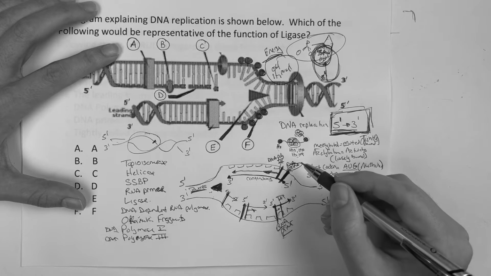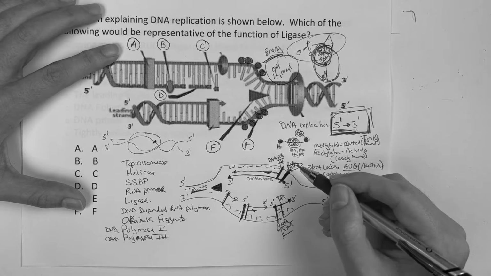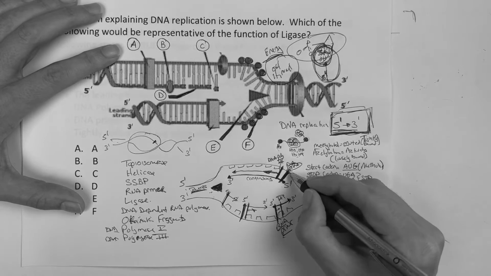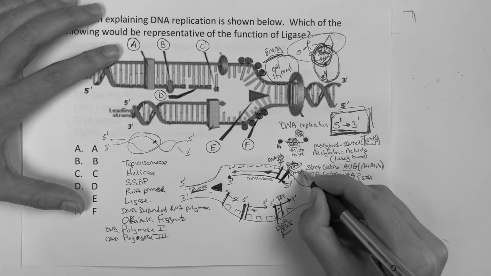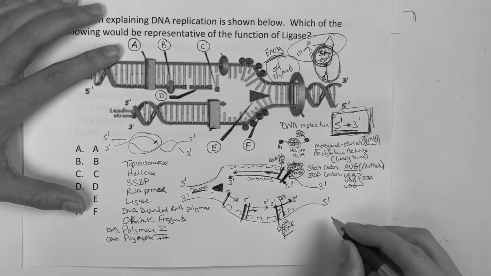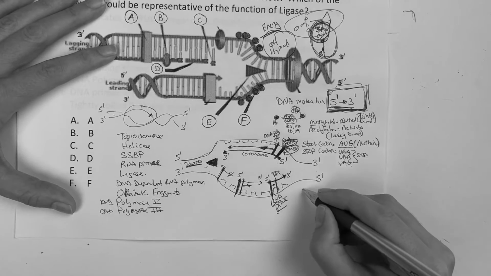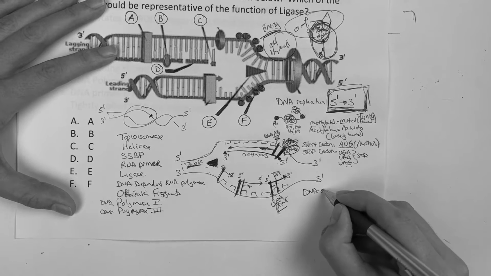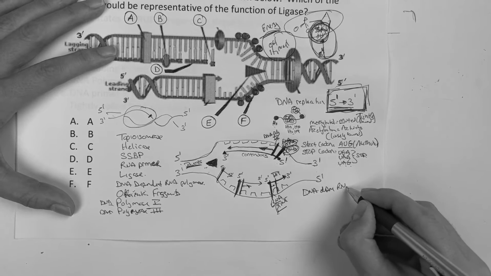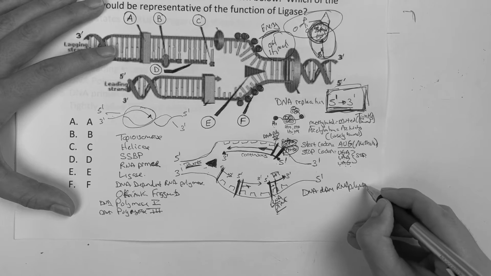how can I say this? The enzyme primase, which kind of fuels the primer, is DNA dependent RNA polymerase.